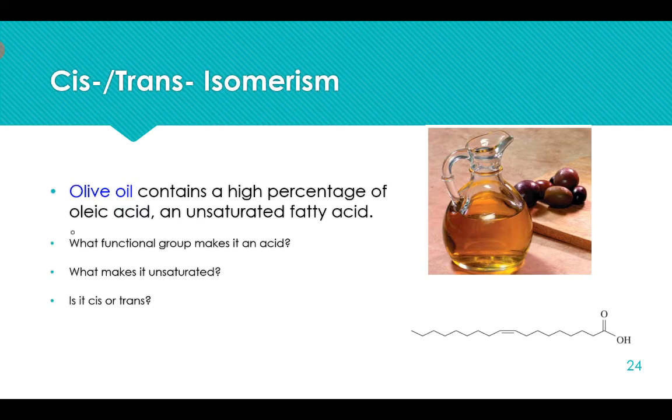So here's the structure of olive oil. And I want you to pause the video and answer these 3 questions. What functional group makes it an acid? What makes it unsaturated? And is it cis or trans?